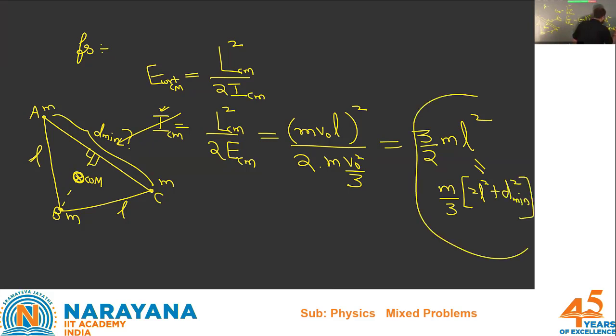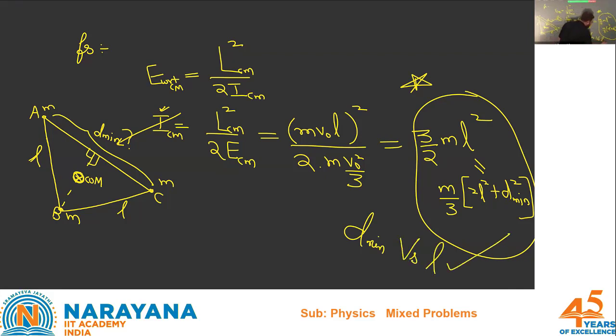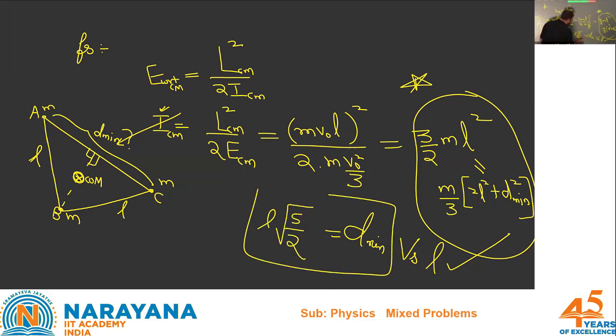That is what this equation is all about. If you solve this equation, you should get your result for D min versus L, and that should be the answer to the question. When you solve it, D min comes out as L root 5 by 2. This is the actual result of the problem.